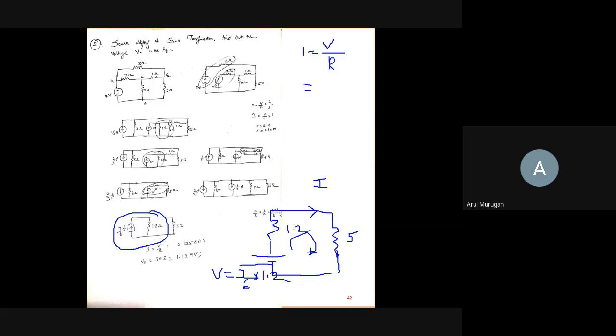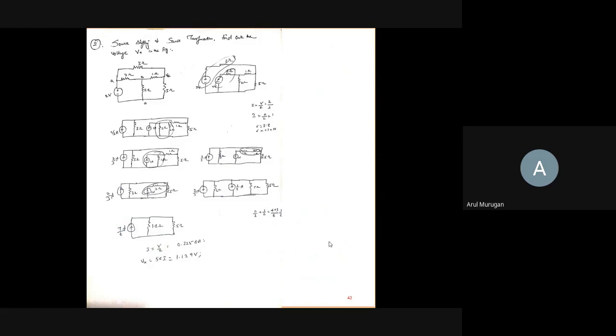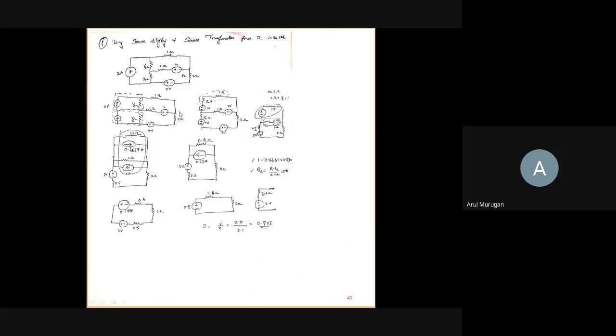This is the V value: 7 by 6 multiplied by 1.2, divided by these two resistances. What is the resistance? Open the bracket: 1.2 plus 5. Then find the current value. This is the I value, the flow of current. So this is another method.